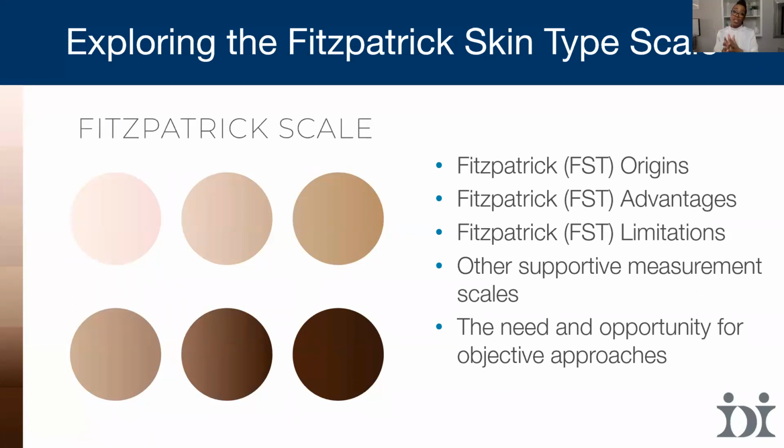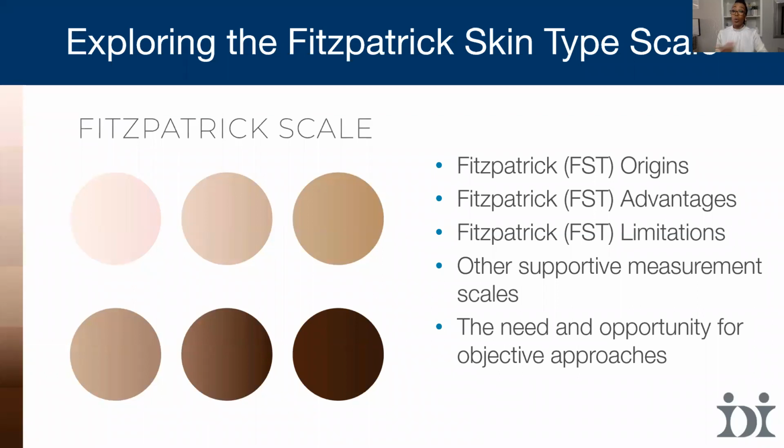But to use Fitzpatrick as your tell-all and your green light, red light, or amber light solely is going to offer you a plethora of limitations and also some complications. So we incorporate other supportive measurement scales, and we're going to be talking about the opportunity for more of an objective approach. Many in the dermatologist community have found Fitzpatrick to be very subjective. That means only looking from the inside out. We've got to be able to truly embed an objective approach.